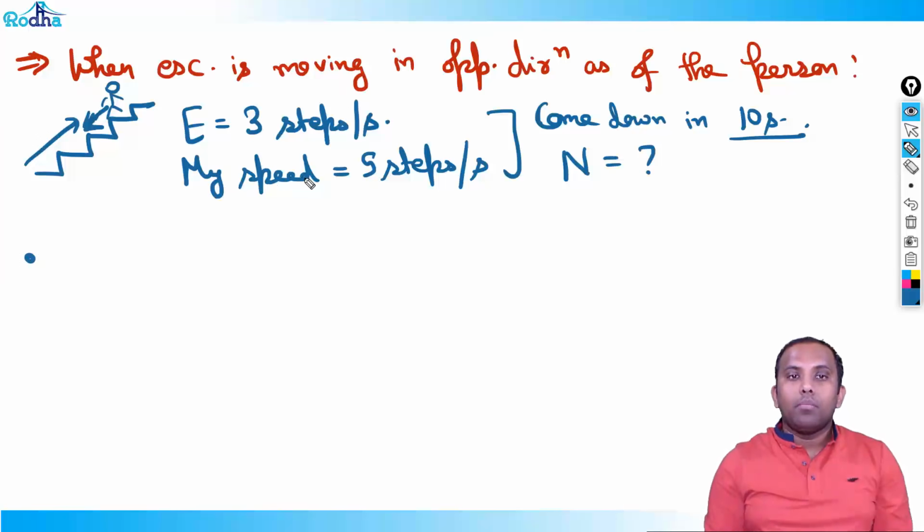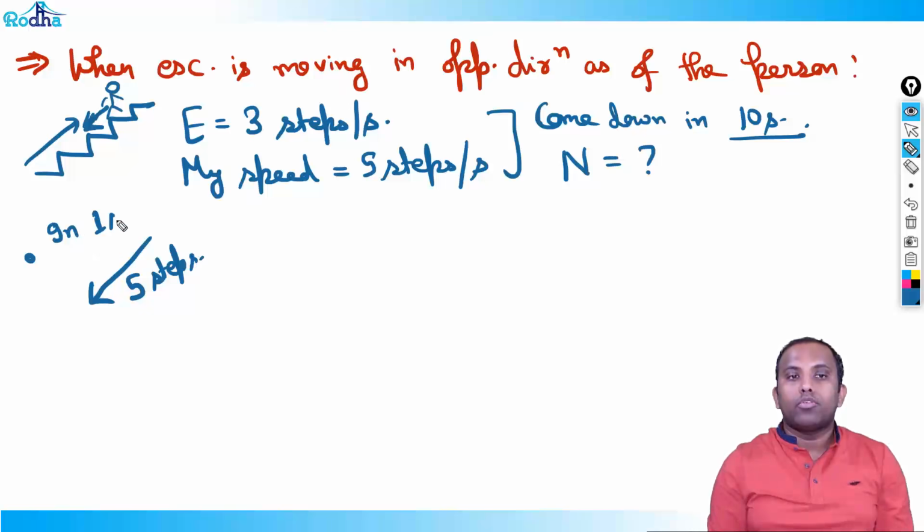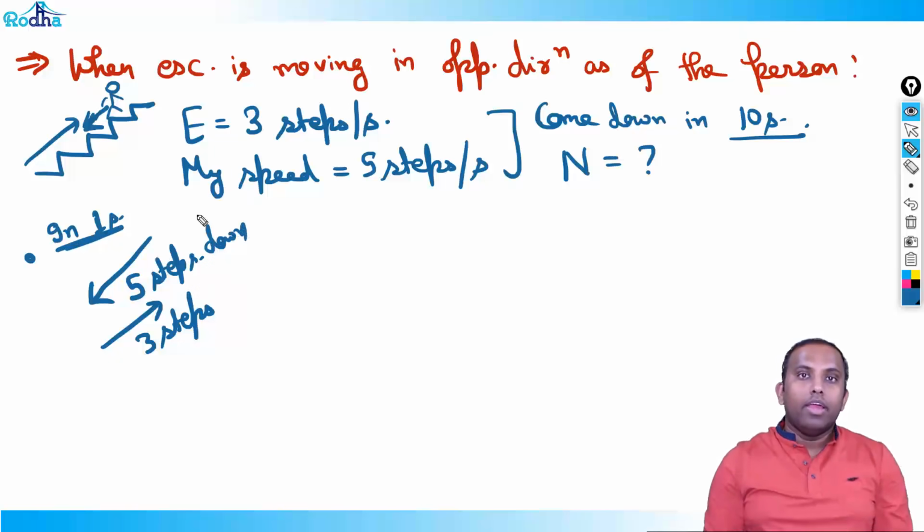When I'm going 5 steps downward in 1 second, the escalator is pushing me 3 steps up. Okay, 5 steps down I'm going in 1 second. The escalator is pushing me 3 steps up.